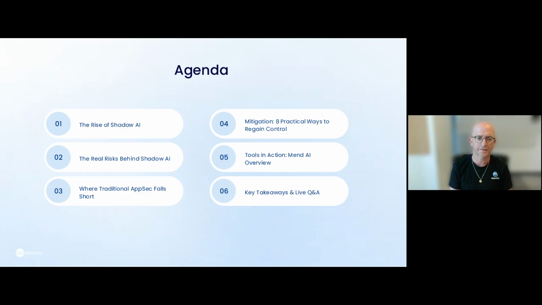Then we're going to discuss where traditional application security falls short when it comes to shadow AI, how to mitigate these gaps using 8 practical ways to regain control. We'll share a little bit about Mend AI product and how it can assist with getting back control over these risks. And then we'll have some time for key takeaways and live Q&A.